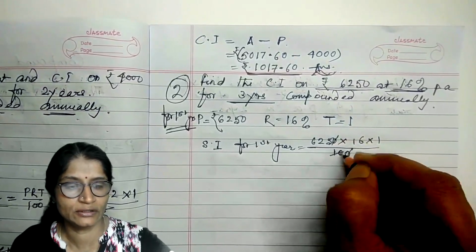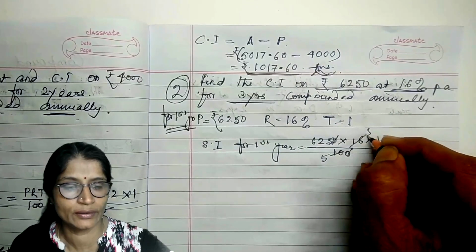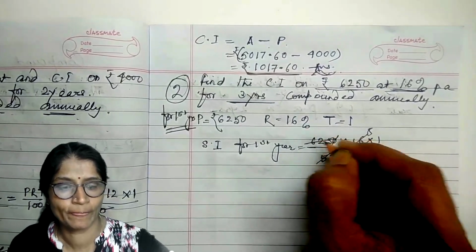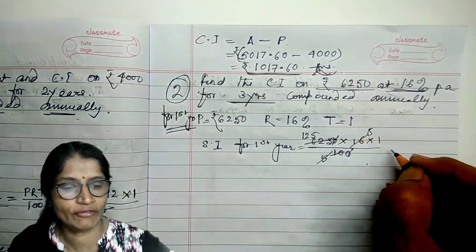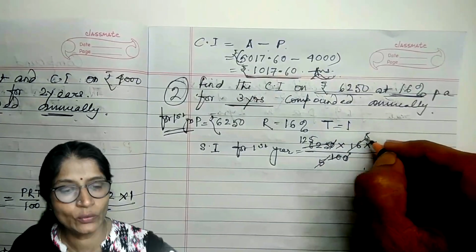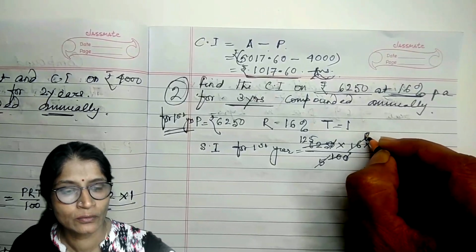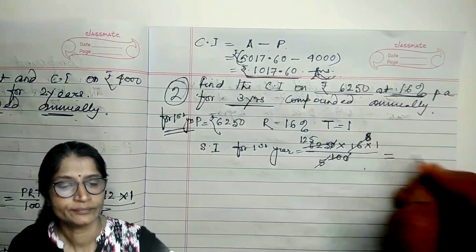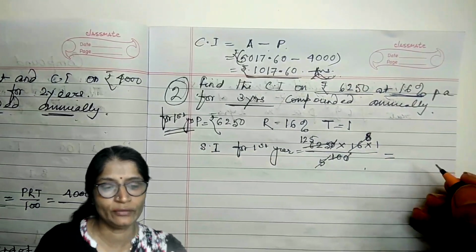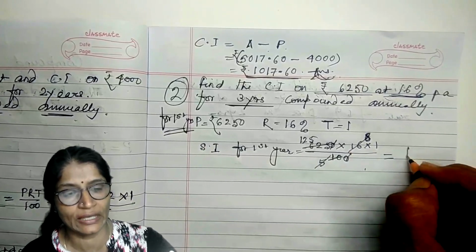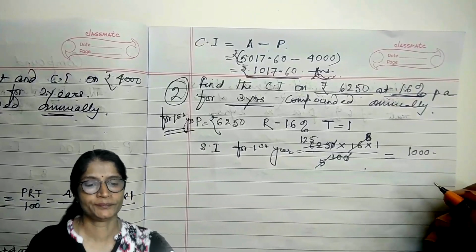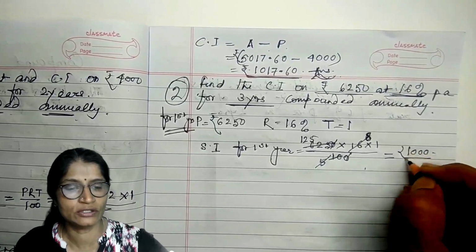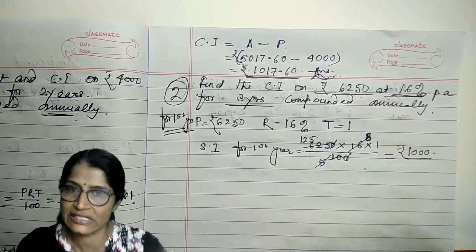0 0 cancel, 2 5s are 10, 2 8s are 16, so 125 into 8, that is 1000. So rupees 1000 is the interest for the first year.